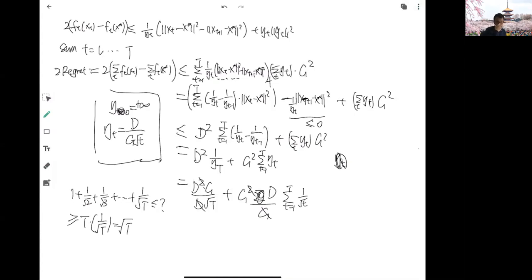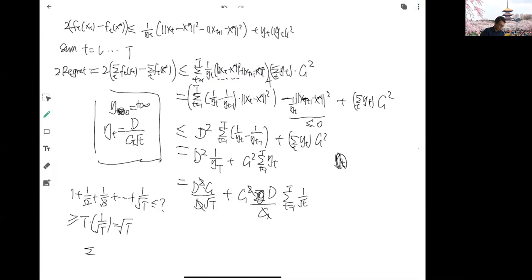Yeah, this is pretty elementary. The typical trick that we've learned from, say, high school mathematics is to upper bound this series with the integral, so it becomes easier to calculate, right?